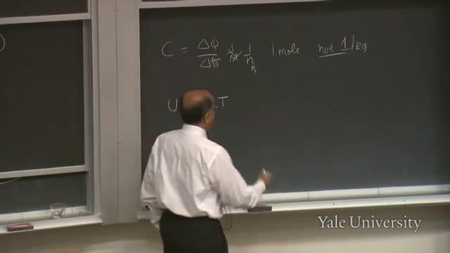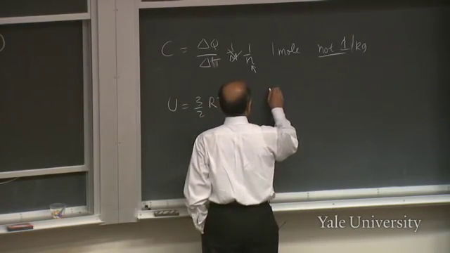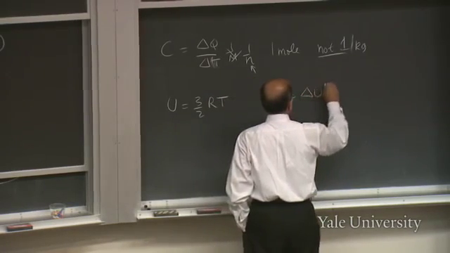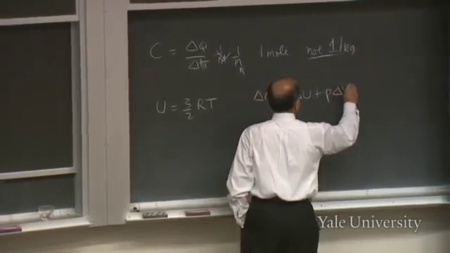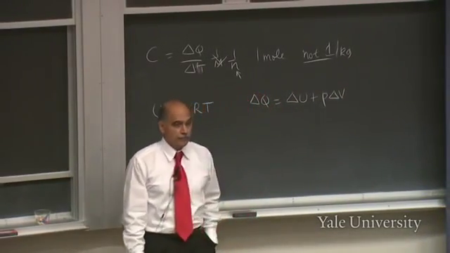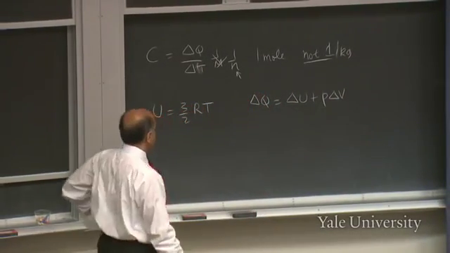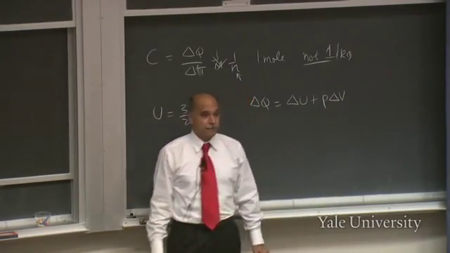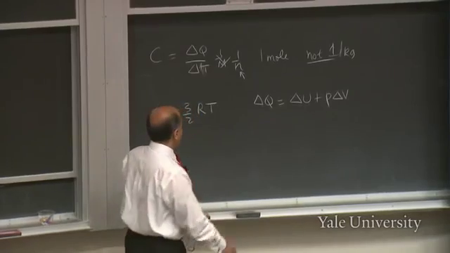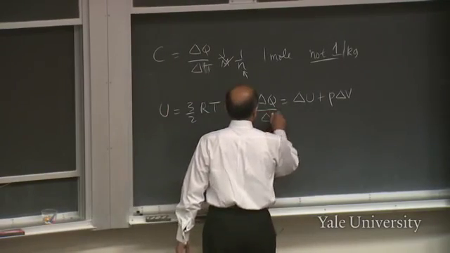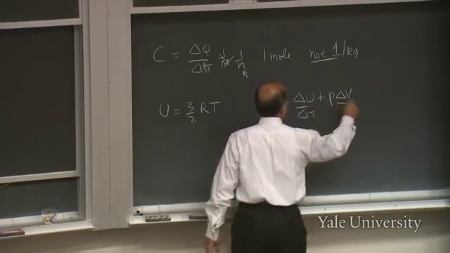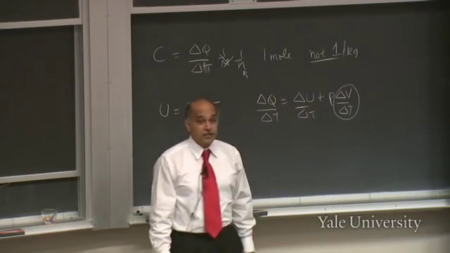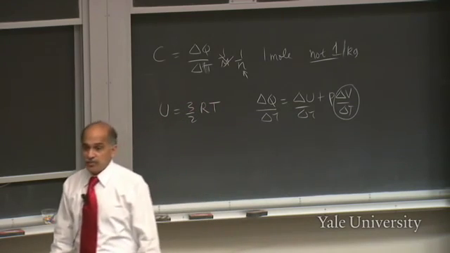Now you want to put in some heat, and you really want the delta Q over delta T. So I remind you the delta Q is delta U plus P delta V. The heat input into a gas is the change in energy plus P delta V. That's just from the first law. So if I'm going to divide delta Q by delta T, that's a problem here. Did you allow the volume to change or did you not allow the volume to change? That's going to decide what the specific heat is.